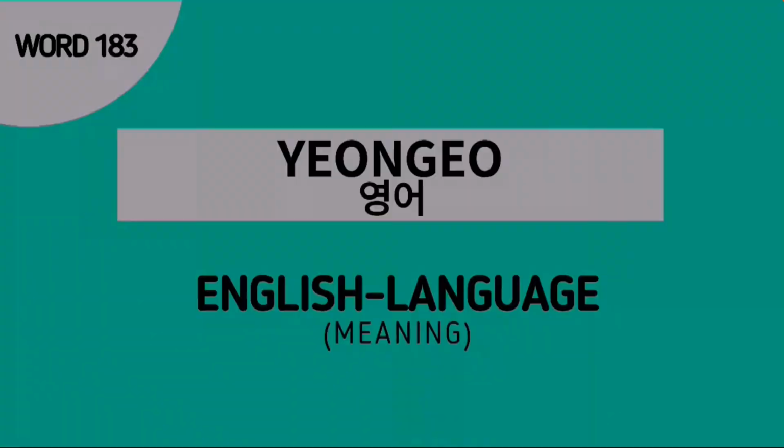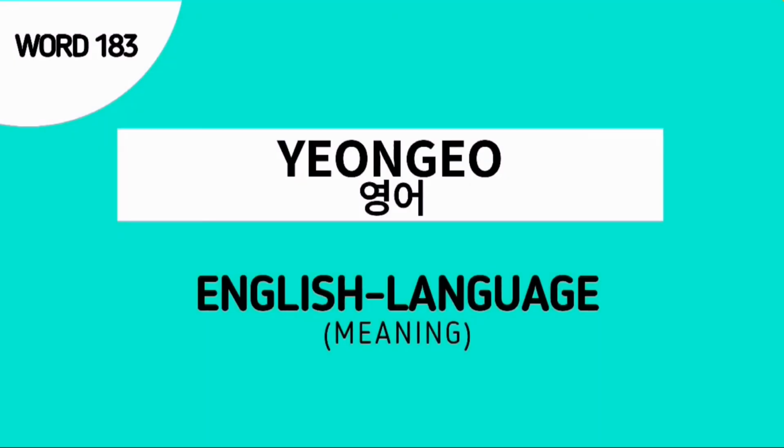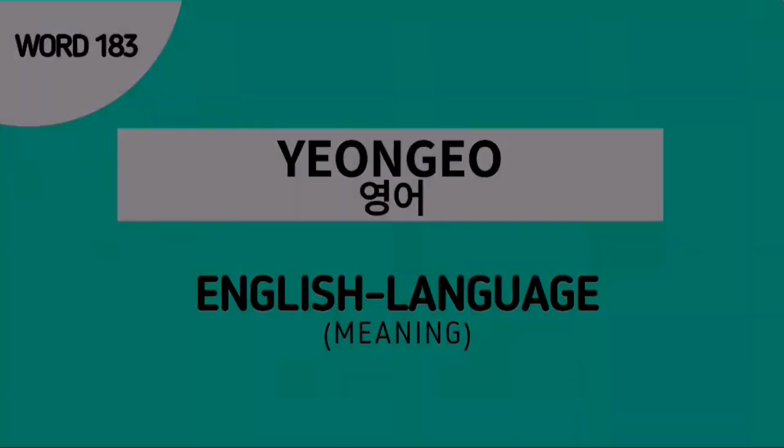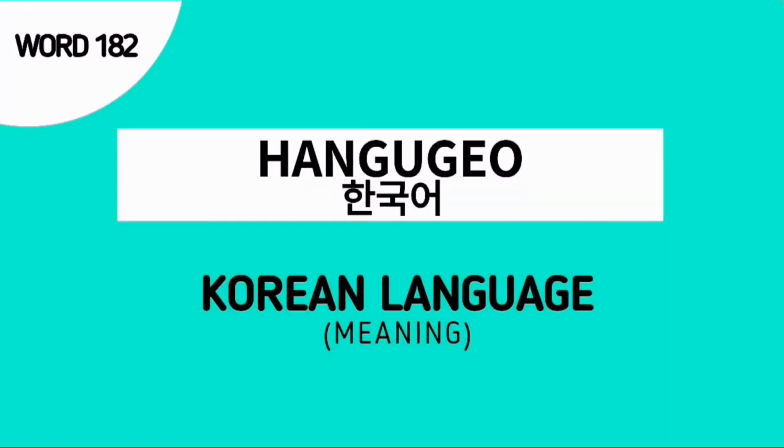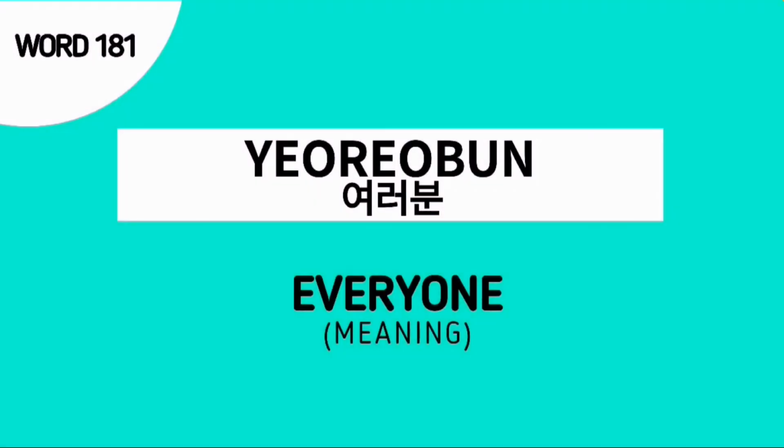Word number 183 is 영어, and this pertains to the English language. Word number 182 is 한국어, which is actually the Korean term for the Korean language itself. Word number 181 is 여러분, which is the Korean term for everyone.